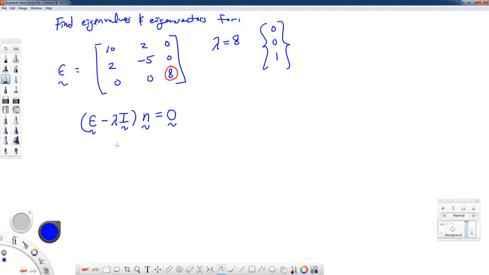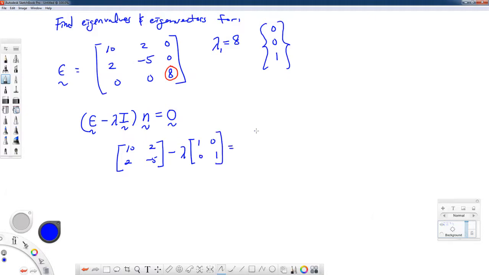But for the reduced 2x2 problem, we're going to take this reduced matrix 10, 2, 2, minus 5. We're going to subtract lambda, lambda being the eigenvalues, and we can even put a subscript on this one, since this is maybe our first eigenvalue that we've identified. Then we have the identity matrix, or the identity tensor, in this position.